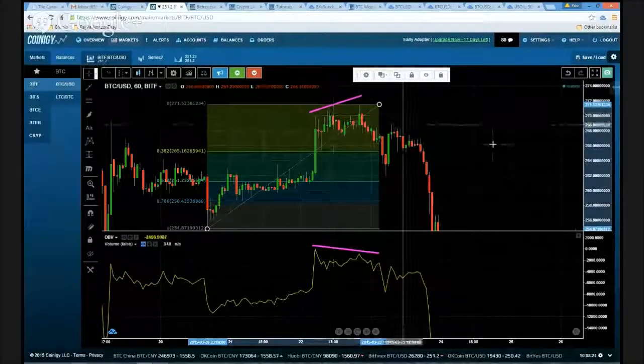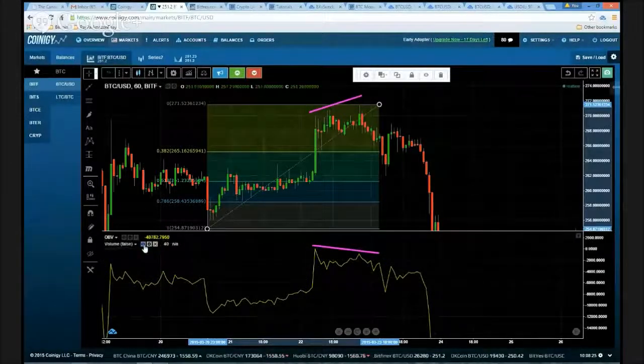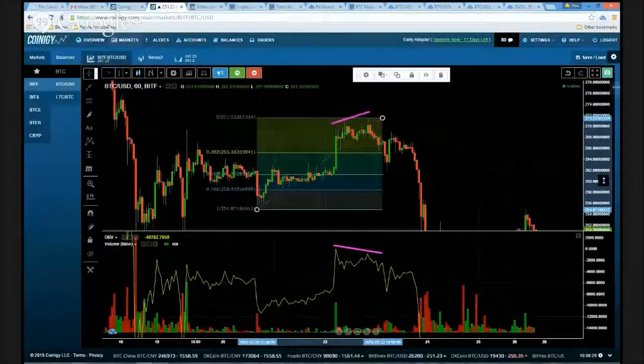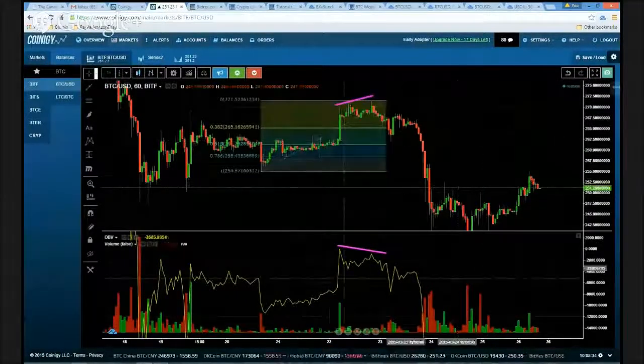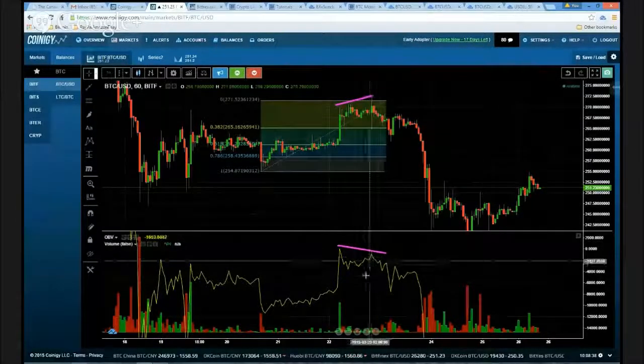So hopefully what we've done in today's video is demonstrate how we can apply a simple volume indicator to our price chart. In this case, we decided to use the on balance volume indicator.